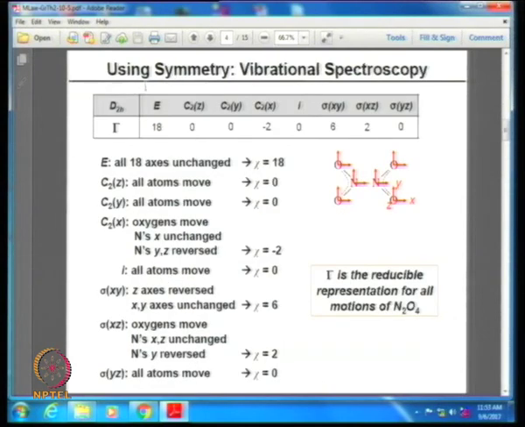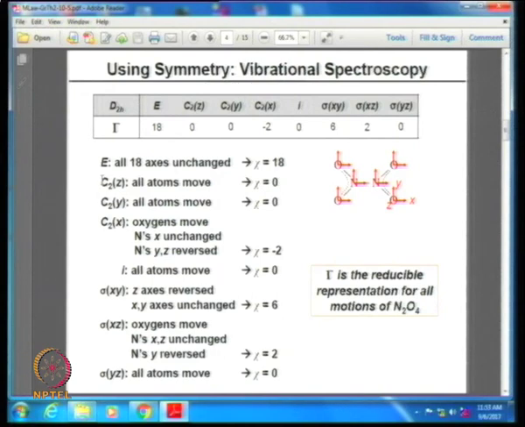So if we want the bulk representation gamma with identity containing 18 elements, as many as there are axes for each of the atoms, then the characters are computed for each of the classes of motions.